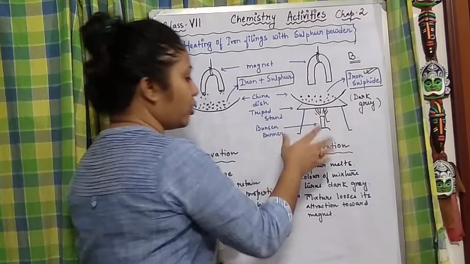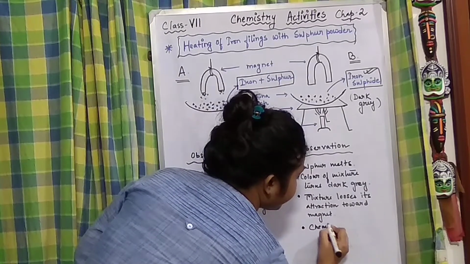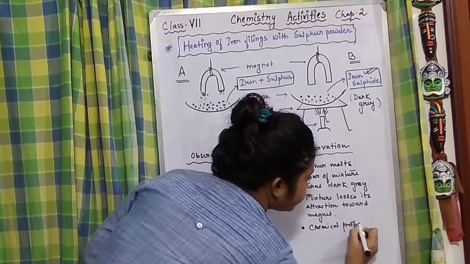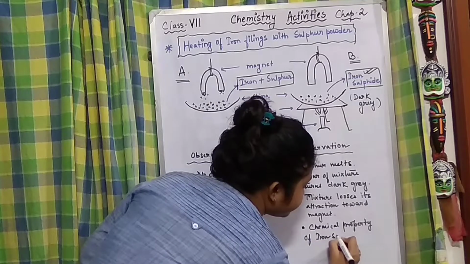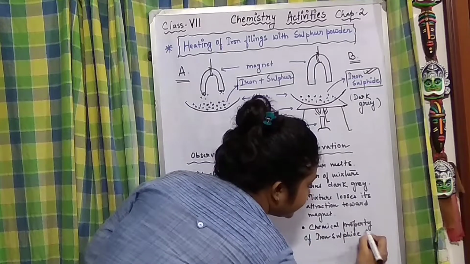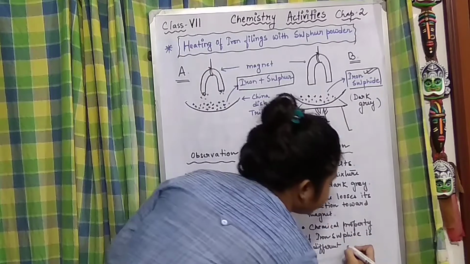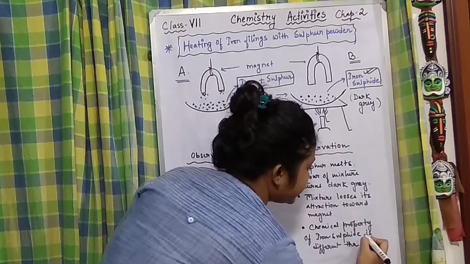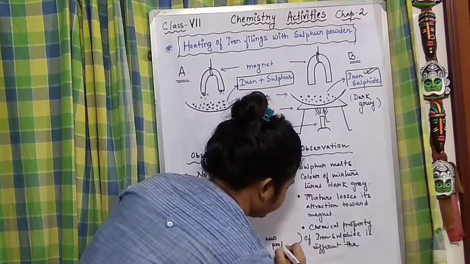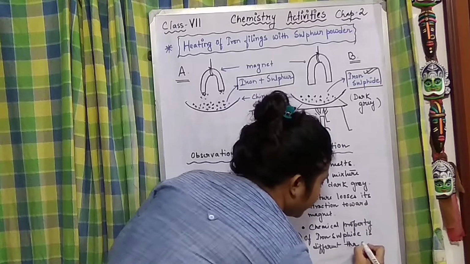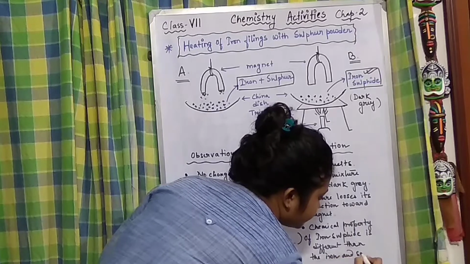Okay, so this is how we understand that the chemical property of iron sulfide, that is the new product, is different from the iron and sulfur.